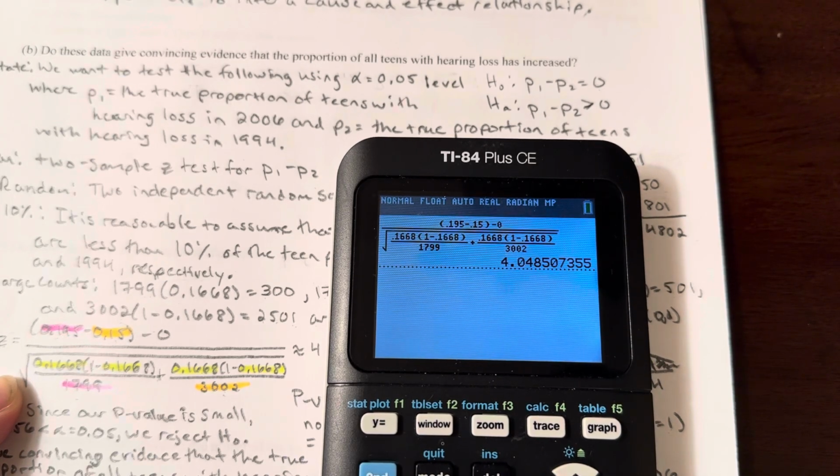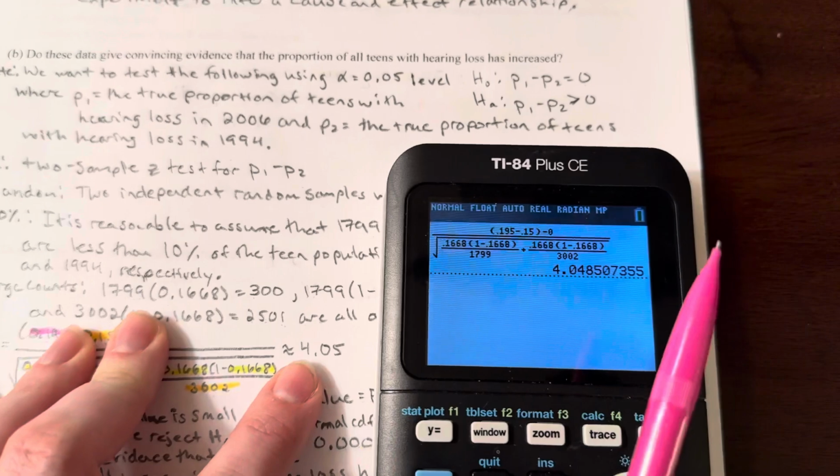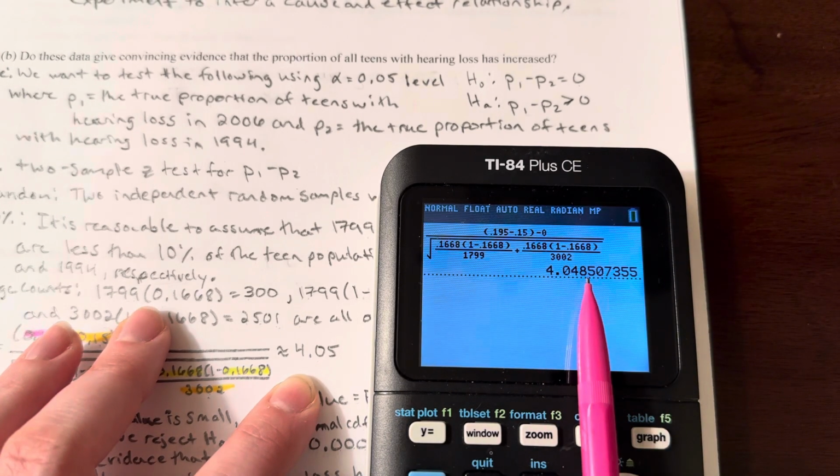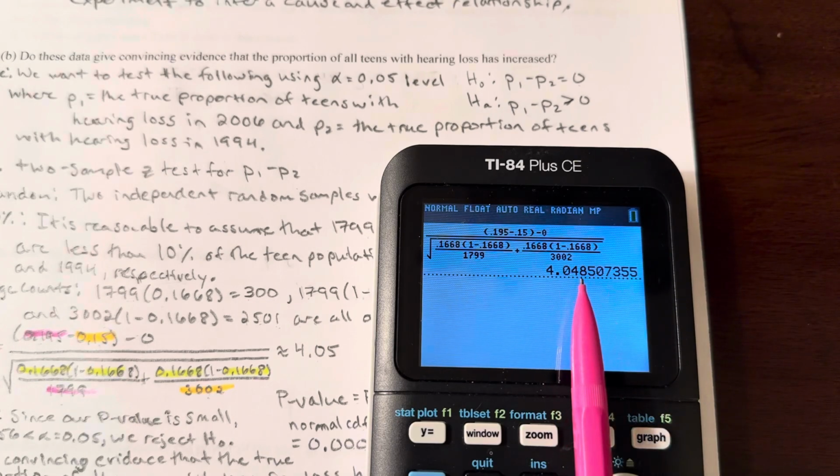And now I can hit enter, and this is how I got approximately 4.05. It was actually 4.0485 and so on. I've used the 8 to round the 4 up to the 5.